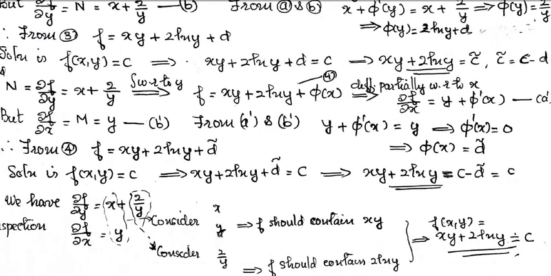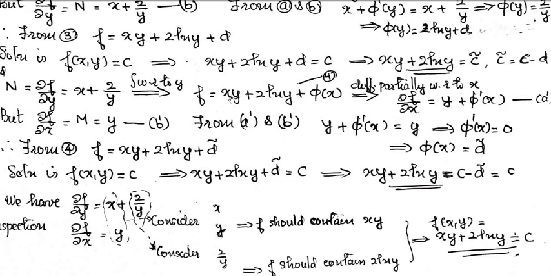Now, second method. There we took first M, here we took N. So, N equal to ∂f/∂y by the definition of exact equation, which is equal to x plus 2/y. Here we have to integrate it with respect to y, because from this expression for getting f, we have to integrate it with respect to y.